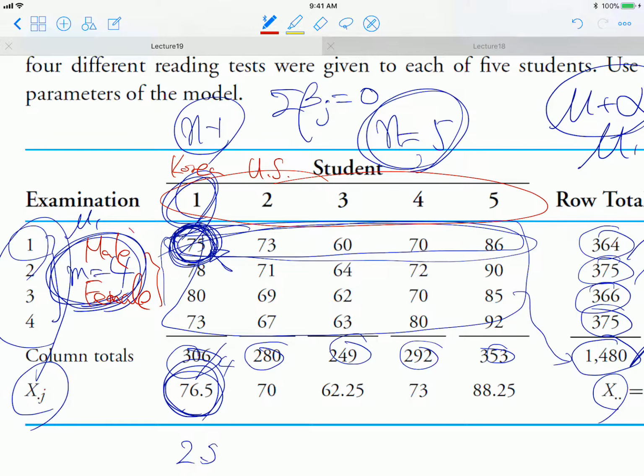In this case, male and Korea have their corresponding cell, and each cell will likely contain many observations, right? This is the main problem setting, or data set, that we consider in two-way ANOVA with interaction. Also in this case, by default, we consider that the number of observations within each cell is all the same. So we have M.